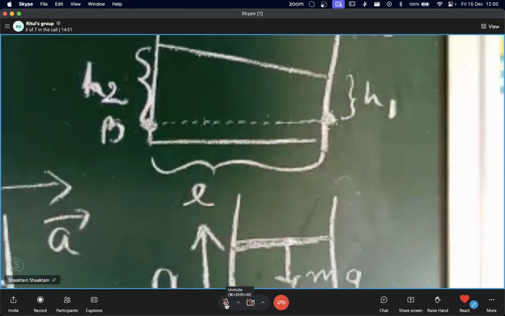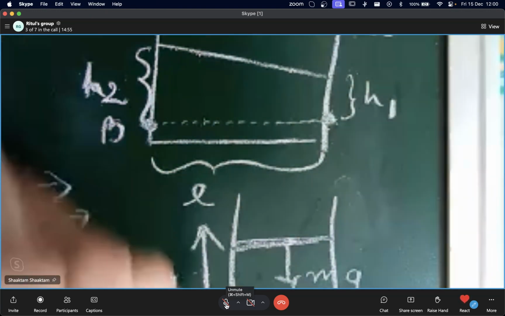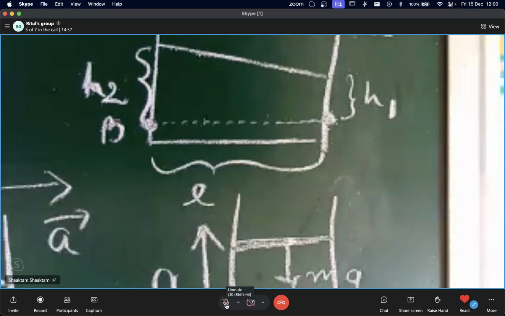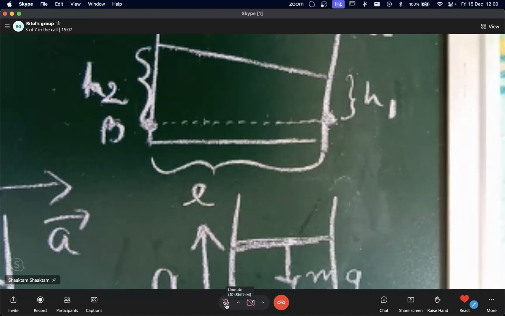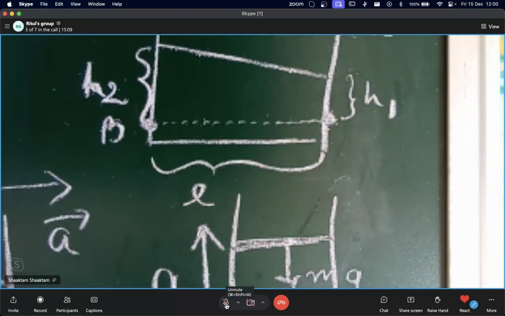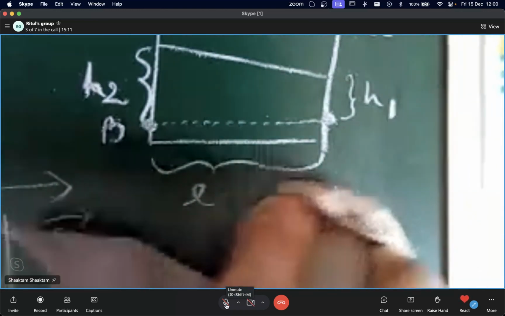Now pressure at A, if I am to write one equation which is known to all three of you, is P is equal to P naught plus rho g h1. Please do write PA, pressure at A. You know which point I'm referring to.